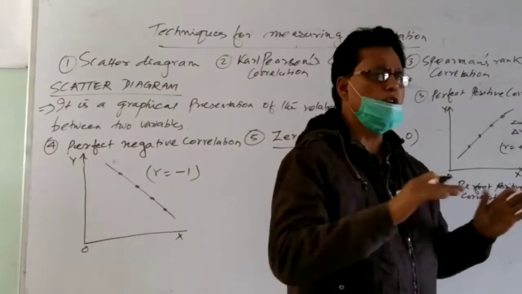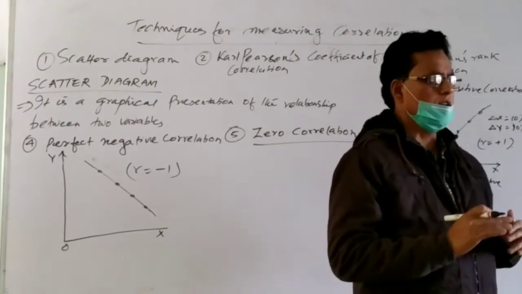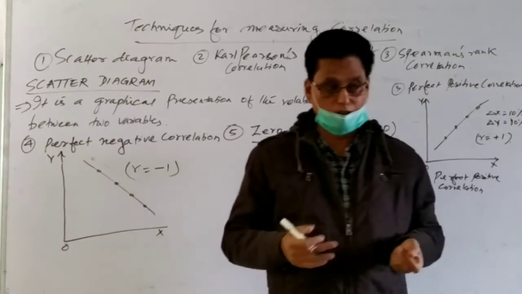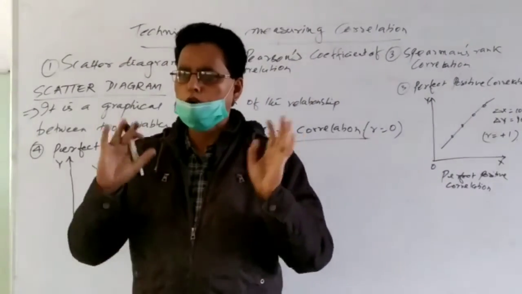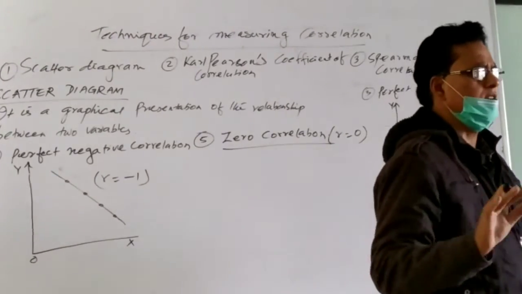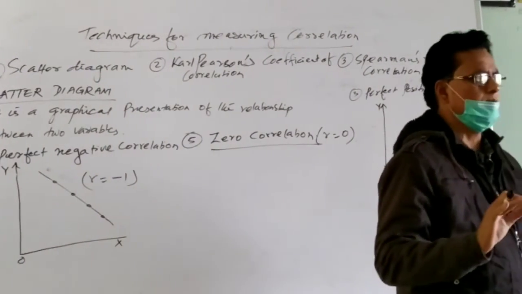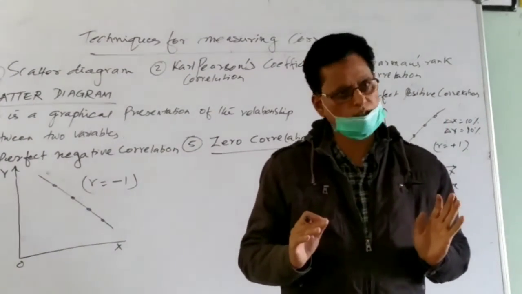If there is no relation between the two variables, whether they move upward or downward, then that is known as zero correlation. Clear?